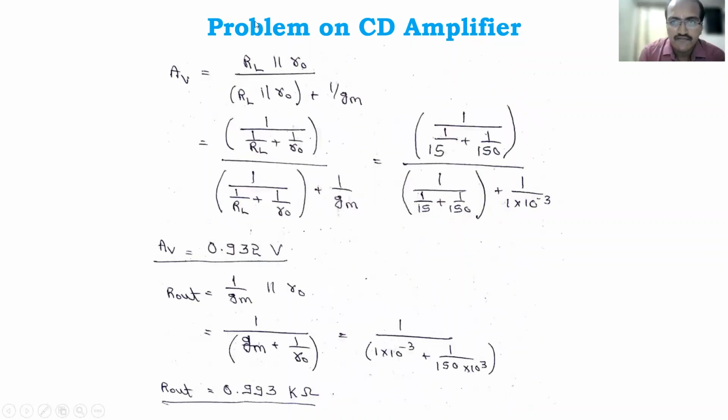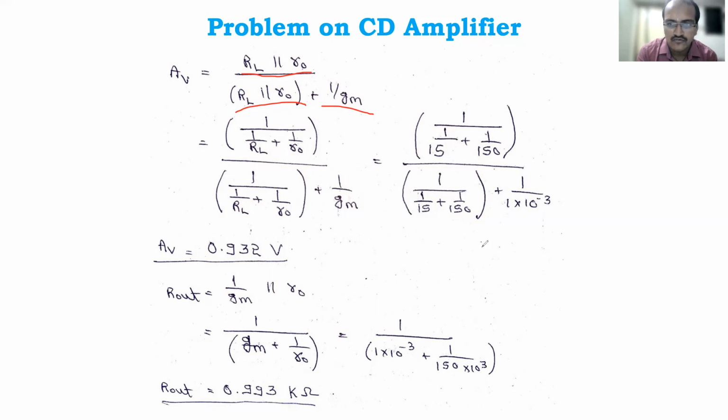Next, AV, the voltage gain. Now we are considering the formula RL parallel to R naught divided by RL parallel to R naught plus 1 by GM. Since it is a parallel case, you can use any formula: RL into R naught by RL plus R naught, or 1 by 15 plus 1 by 150, and same way 1 divided by 1 by 15 plus 1 by 150 plus 1 by 1 milli.